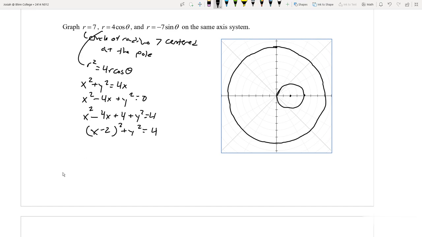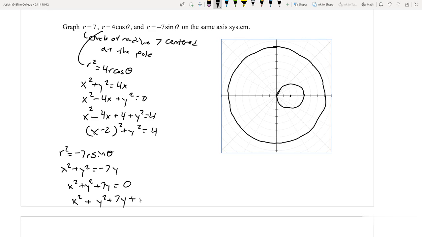And then this last one here, r squared equals negative 7r sine of theta. x squared plus y squared equals negative 7y. x squared plus y squared plus 7y equals 0. And this one's going to be a little bit more difficult. Remember that we're going to want to divide by 2 and then square.